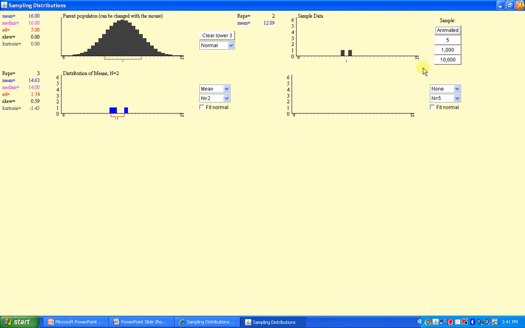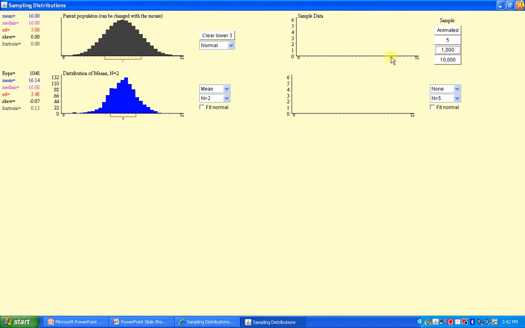Now this says skip 5, so I'll do it 5 times. These are 5 more sample means. I can do 5 more, and 5 more. You can start seeing how often these sample means take place. Let me do 1,000 more. Notice the total number of means that we've done from this population is about 1,048.